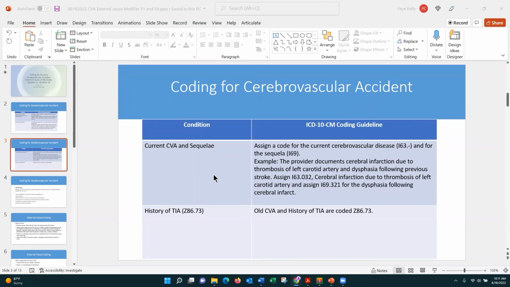You're going to assign I-63.032, cerebral infarction due to thrombosis of the left carotid artery, and assign I-69.321 for the dysphagia following the previous stroke. Okay, so he's having a current and he's had a previous. So at that time, you would assign both codes, a code from each category.